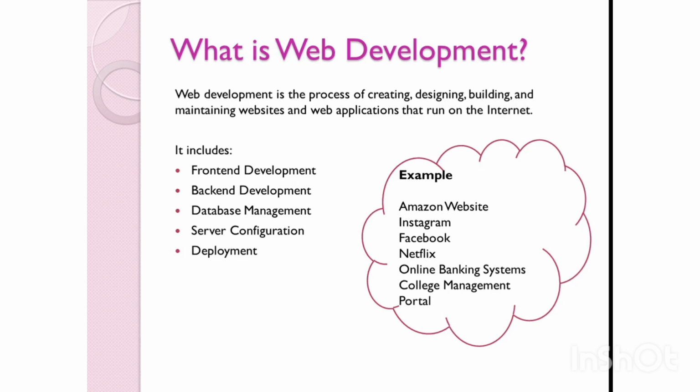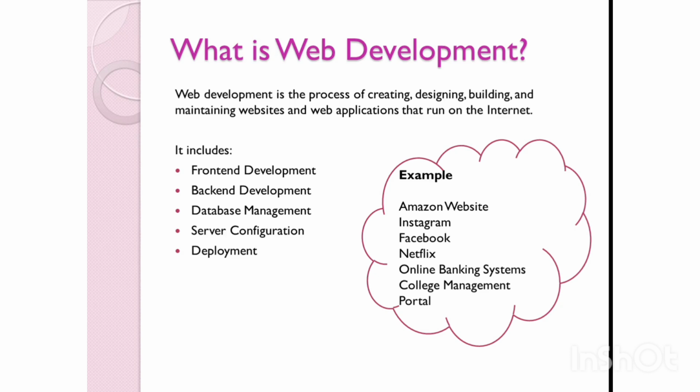The third is database management, where all application data is stored. Then comes server configuration, which makes the application available online. Finally, deployment, where the completed application is published for users. Examples: Amazon, Instagram, Facebook, Netflix, online banking, college management portal. Whenever you use any of these applications, development is working behind the scenes.